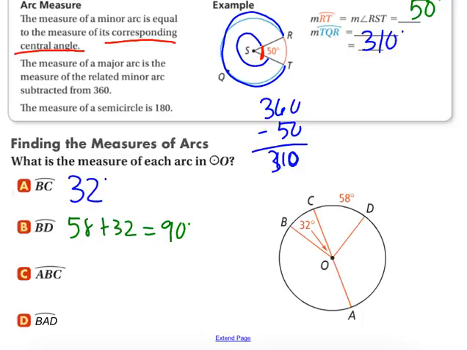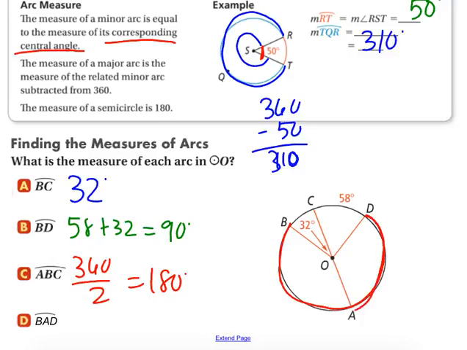What about major arc ABC? A, B to C. Well, isn't that just a semicircle? So what's half of 360? 180. Nice job. Now lastly, major arc BAD.